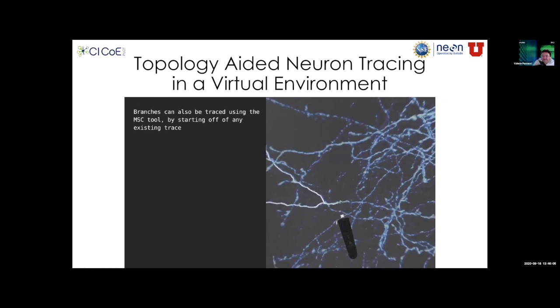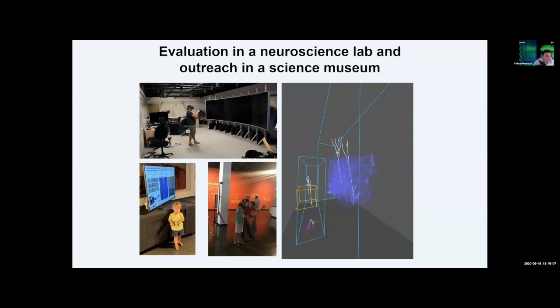The simplicity of deployment has helped us to also do very effective outreach in various communities. So in addition to the use of virtual reality in the lab, it was very easy to go into a museum of science. There's one here downtown in Salt Lake City.